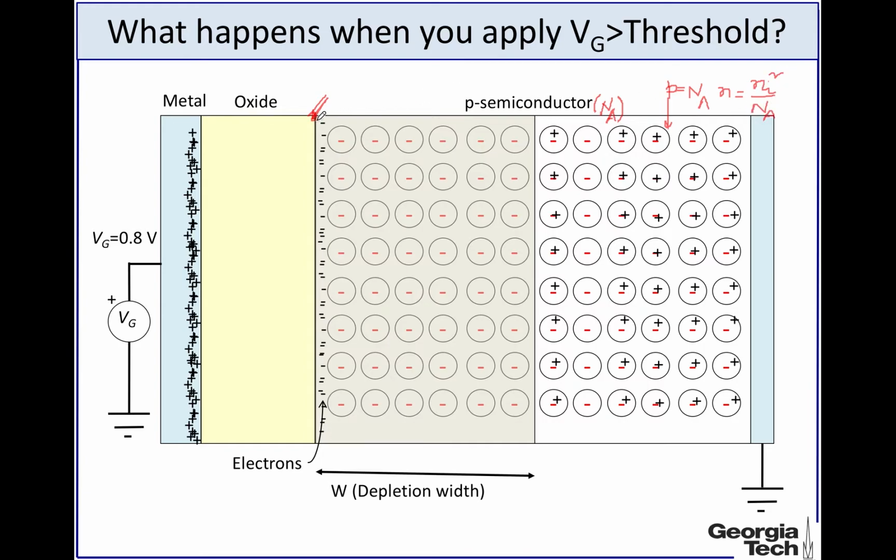On the other hand, right at threshold, the electron density here is Na and the hole density is ni squared by Na. So this relation, n equals Na and p equals ni squared by Na at this oxide semiconductor interface, is true only when the gate voltage is equal to the threshold voltage.